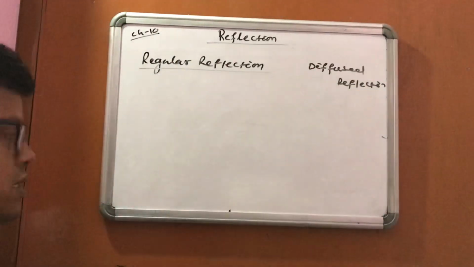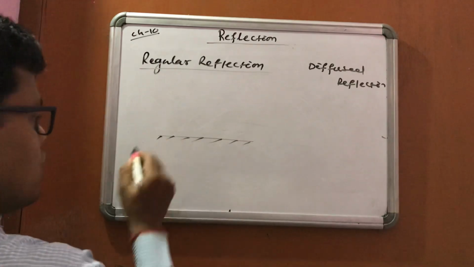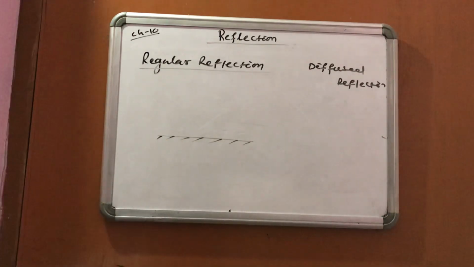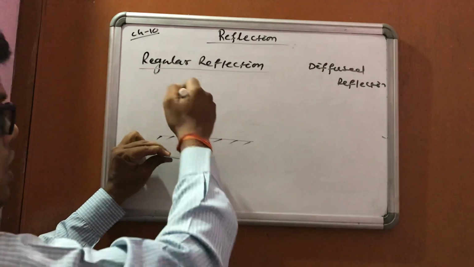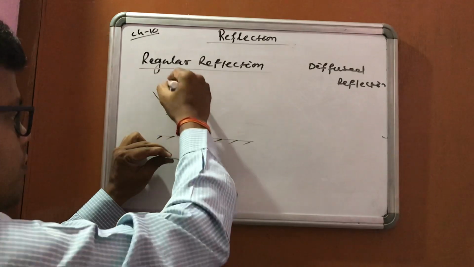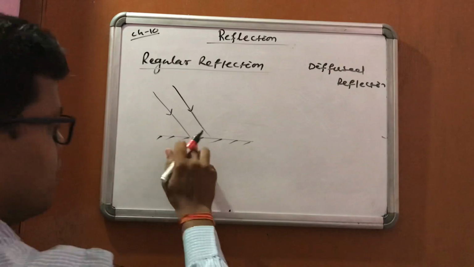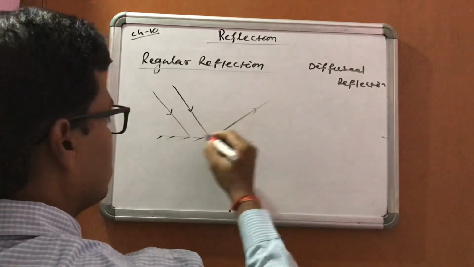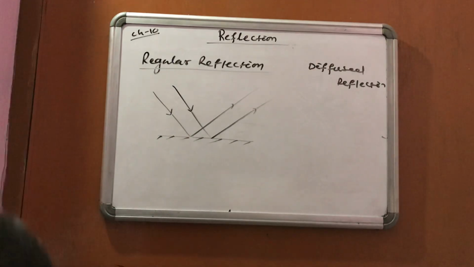What is regular reflection? Suppose this is a plane mirror, and this side is up. This is the reflecting surface. Let us consider a parallel beam of light incident on it. Then it reflects back, and the reflected beam is also parallel.